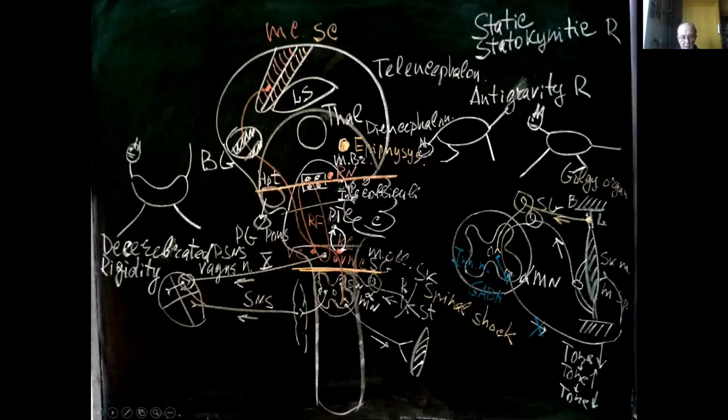Near the vertebrae, these are the two paravertebral chains.